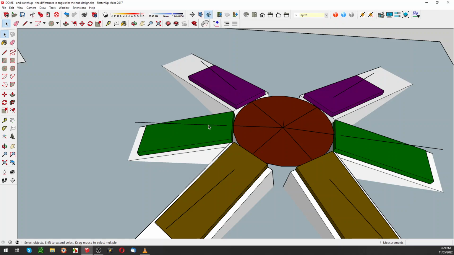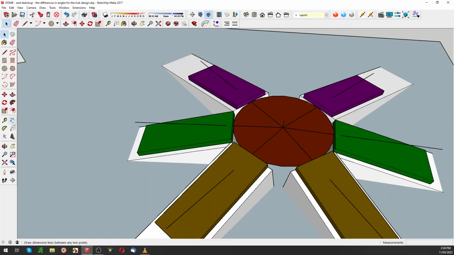And remembering that these are the 6 plates, I'd shown 3, but I reflected them over to this side as well, the 6 plates of that hub. I proceeded to draw lines to the centre lines of those tabs.